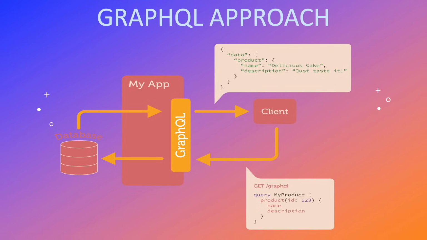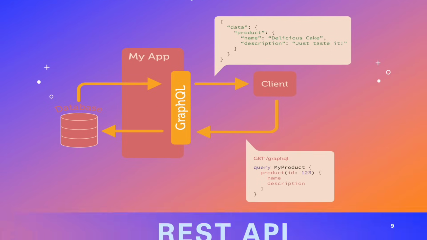I will still have an endpoint, get/GraphQL, but instead of hitting the ID, I will hit the query. In this query, I tell what fields I need, and I get back only those fields. Even though there might be hundreds of fields in the DB or in the service where I'm hitting this, I'll get back only the data which I need. So this is one difference.